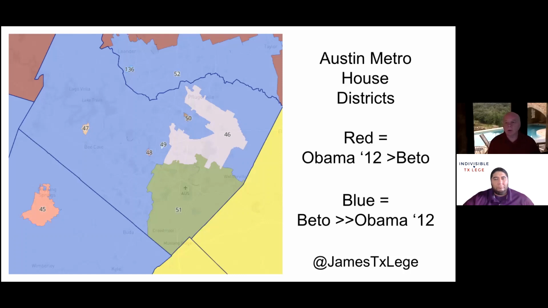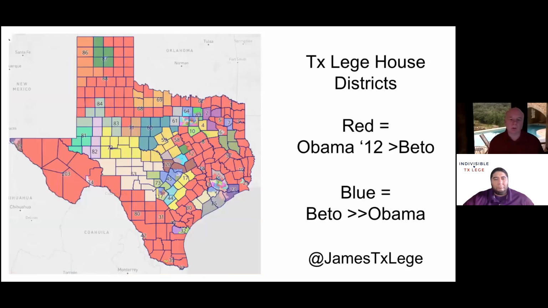Around the rest of the state, there were 3 other districts that aren't connected to these metroplexes in a way that made it easy for me to show a map. The number 14, which is in Brazos County, was also a big Beto district. That's where Texas A&M is.